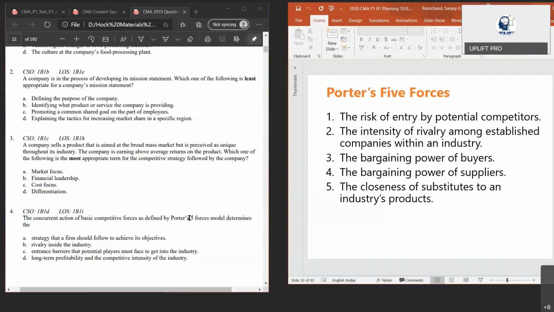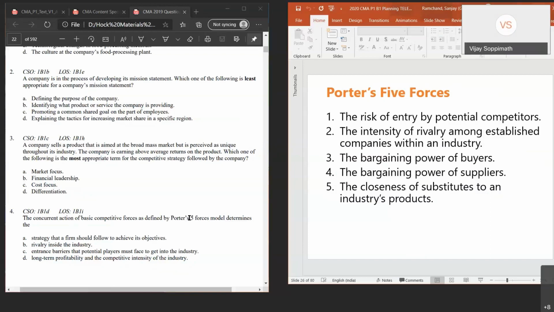And the third, entrance barriers that potential players must face to get into the industry, is also one of the forces. The action is the long-term profitability and the competitive intensity of the industry. So the link is between profitability and competitiveness. Your profitability will come down because there's more competition in the industry.